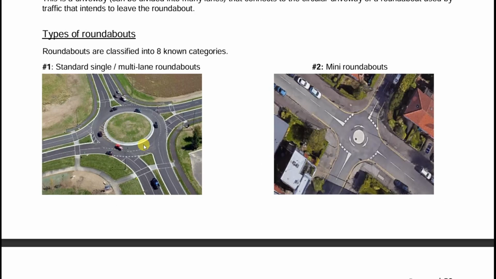Now what you see over here is a standard multi-lane roundabout. In Uganda, most of our standard multi-lane roundabouts feature 2 lanes. We barely have roundabouts that feature more than 2 lanes. So we have 2 lanes at the entrance. We also have 2 lanes in the circular driveway as illustrated, and we also have 2 lanes at the exit.